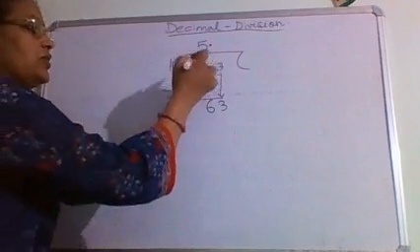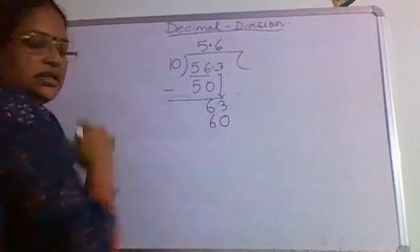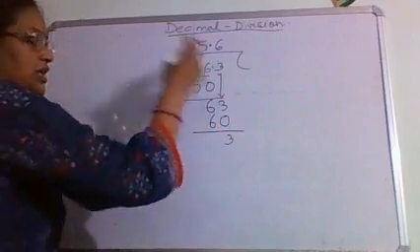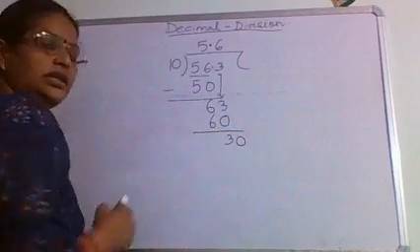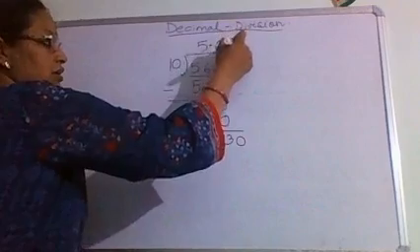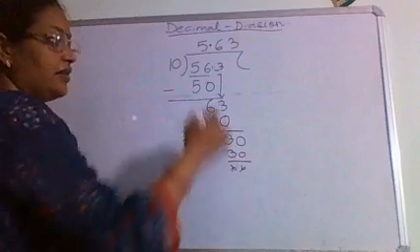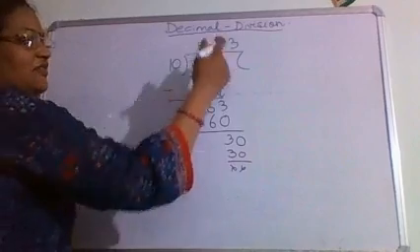Okay. So it is 10 6s are 60. 3. And because here we have already taken the decimal, 0 will automatically come. 10 3s are 30. I told you decimal shifted towards left. So answer will be 5.63.